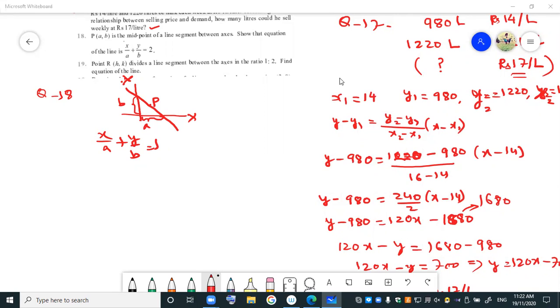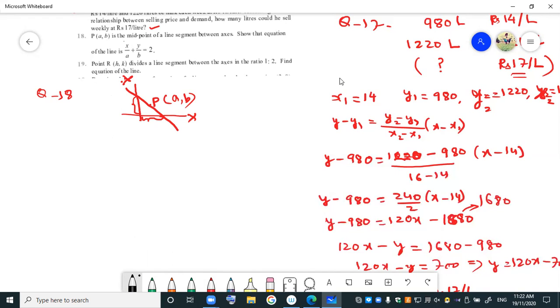Now P is a point. But here, the coordinates of the point are already a, b. So if we take these also as a, b, it will be confusing. So instead of a, b we can take any other letters, so we take h and k on the axes.